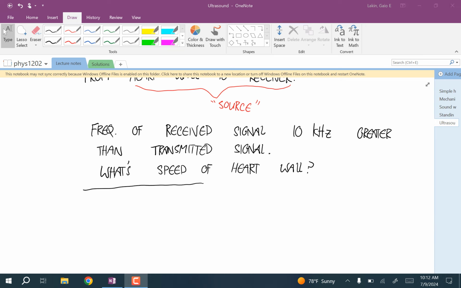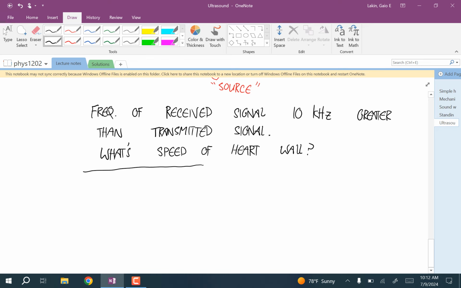Well, the first thing we have to do is deal with all these megas and kilos. So we know that the original transmitted frequency is 8.0 times 10 to the 6 hertz.